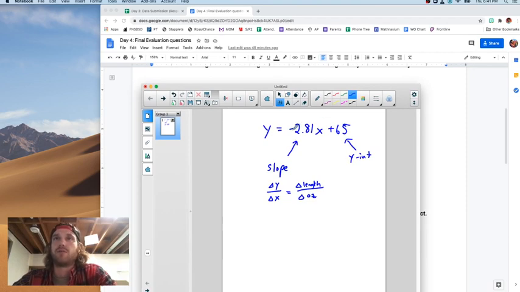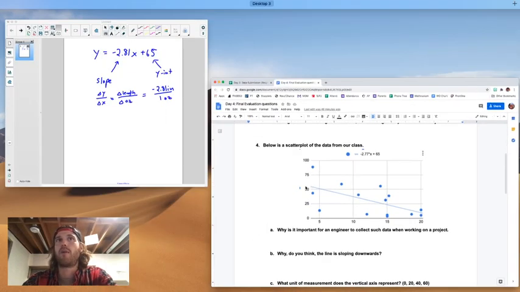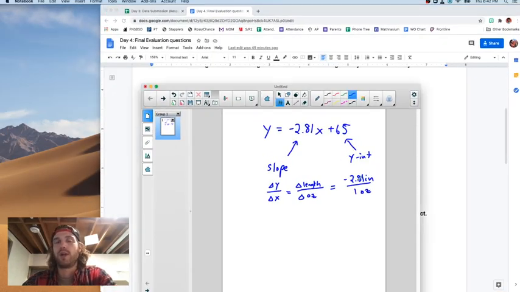Anyways, this is the rate of change. So what that really means, how do I write negative 2.81 as a fraction? It really means negative 2.81 inches over 1 ounce. It really means that if I go over on my graph, if I increase, based on the line, for every 1 ounce increase, I can expect the length of my bridge to drop 2.81 inches, or to get 2.81 inches smaller.